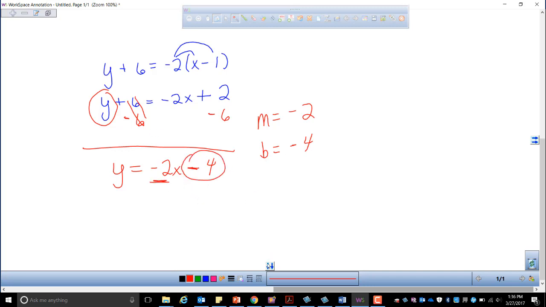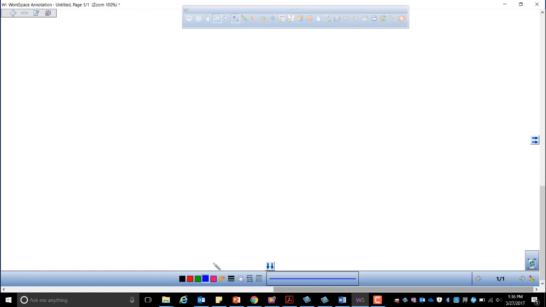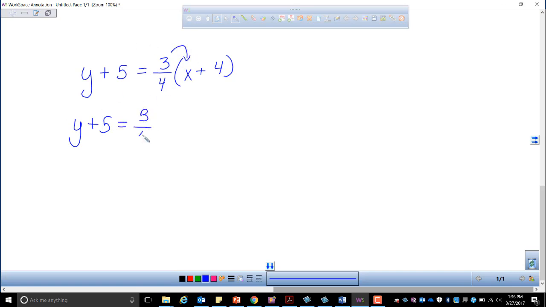All right, I'm going to show you another one. Now this one has a fraction, and you'll be okay though. I'm sure you will. Let's say y plus 5 equals 3/4 times the quantity x plus 4. So I get y plus 5 equals, and when you multiply these, it's 3/4 x. Now when you multiply here, you have to be careful, but you can do this.